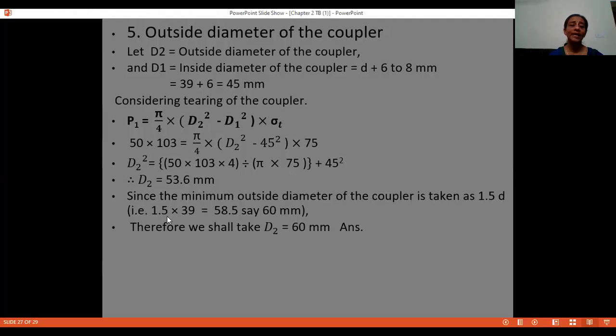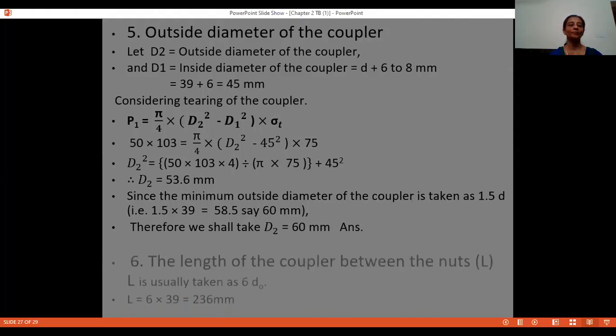So minimum range value is 58.5. Our value does not lie in the range. So for the safer side, we will increase the value of D2 and we will be using minimum either as 58.5 or we can round it off to 60 mm. So outer diameter of coupler is 60 mm.